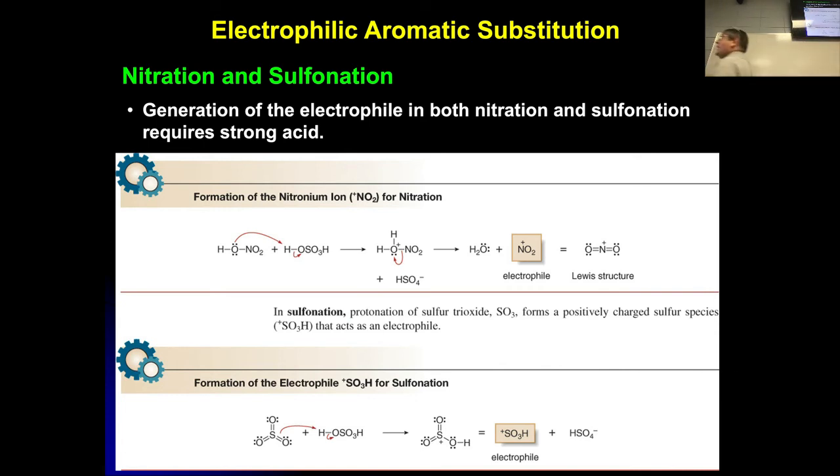This is functioning like an alcohol, reacting with a strong acid to give an oxonium ion. Does oxygen like to be positively charged? No, it's electronegative, right? So it grabs the electrons from the bond, makes water, as you rightly noted, and NO2 plus. We've just generated the electrophile. That electrophile then reacts with benzene in that general reaction mechanism that we learned.